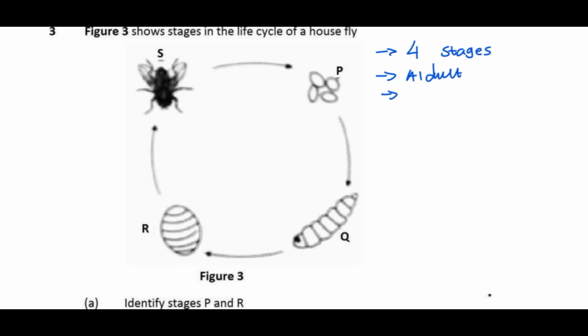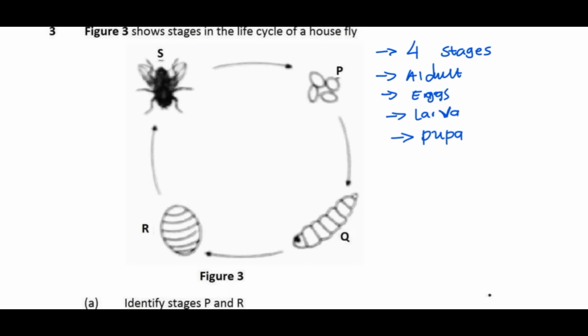Then after this we may have eggs. Then after eggs we have larva. Now in some textbooks you may find that larva may be divided into sub stages, where you may have the first larval stage, second larval stage, and the third larval stage. Then the last one, we can now look at the pupa stage.